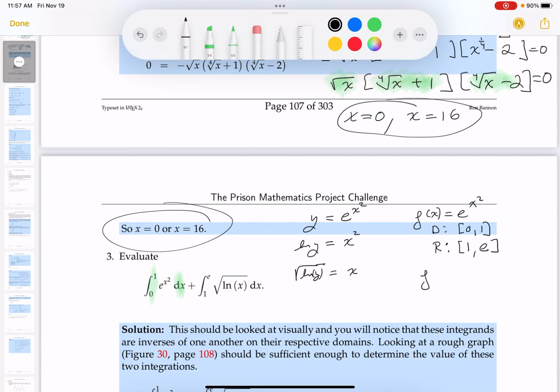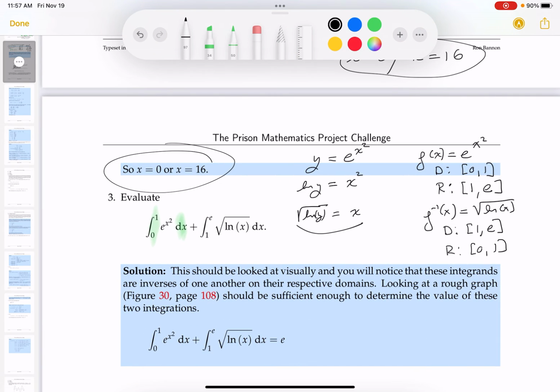Its inverse, and again, by pure chance I found it, what do you get over here? It would be the root of the natural log of x, where its domain is 1 to e, and its range is going to be 0 to 1. All right? So I'm looking at these guys, and again, it might have been pure chance because I was trying to see something, and then all of a sudden you see an inverse.